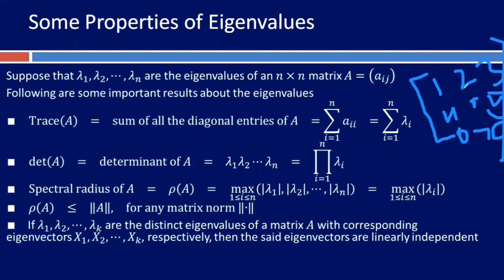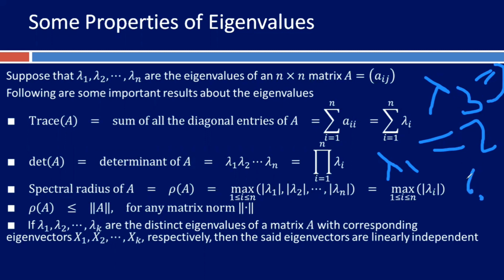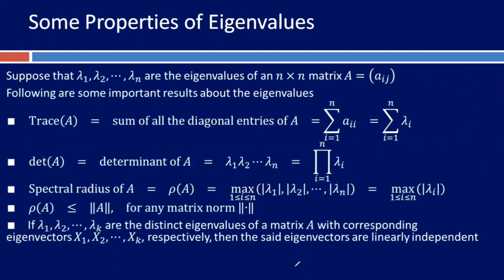But if you know its eigenvalues, it is very easy to find the determinant. Suppose lambda 1 is equal to 2 and lambda 2 is equal to 3. Multiplying lambda 1 and lambda 2, we have 6, and 6 is its determinant. So from eigenvalues, we can find the determinant very easily.